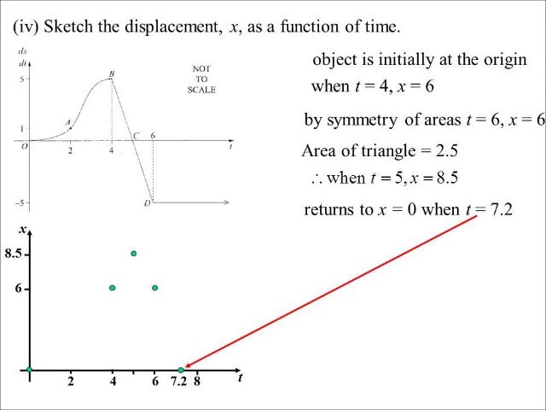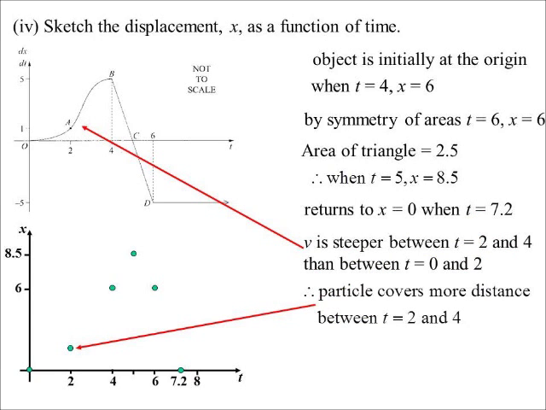This is where I've done a little bit of, well, not guesswork. I don't know exactly what the curve's going to look like, but what I do know is the steepness of the graph. If you look between 0 and 2 and between 2 and 4, I think it's fair to say that between 2 and 4, the curve is steeper than between 0 and 2.